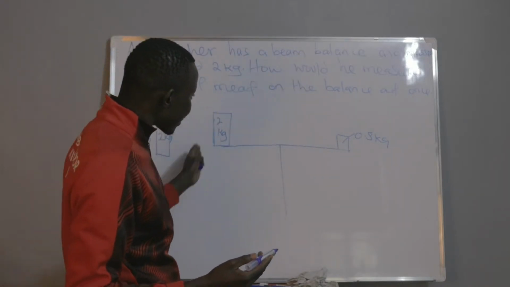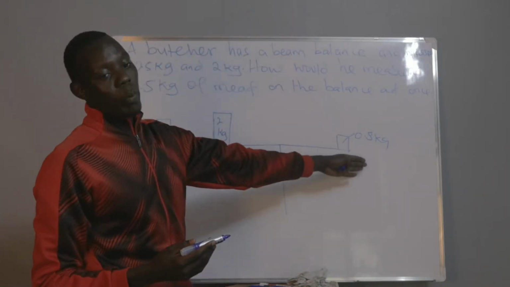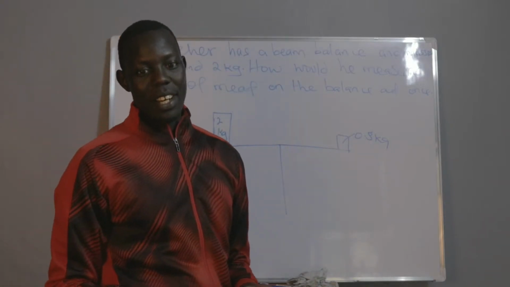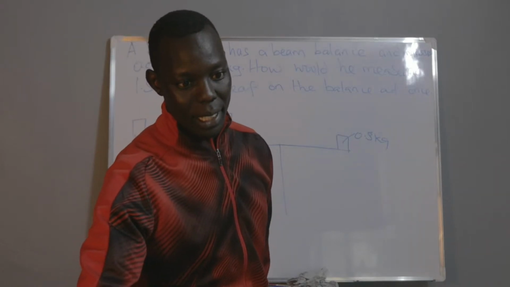So the meat will balance the 2 kilogram. When he adds the 0.5 kilogram mass, it will be what you wanted to measure.